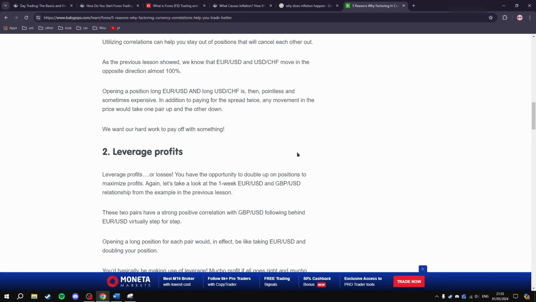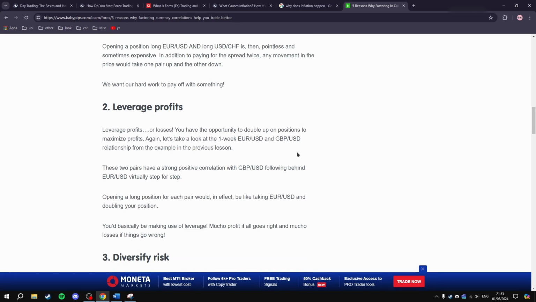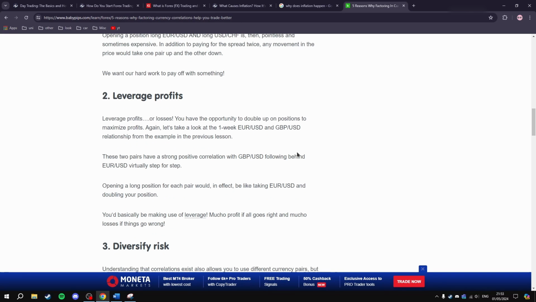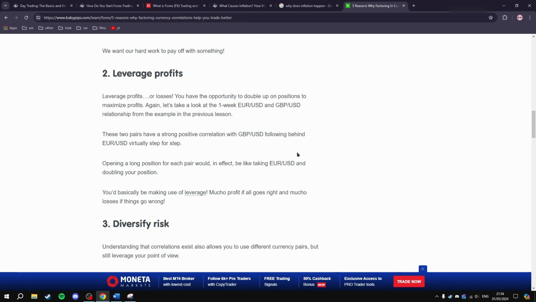As the previous lesson showed, we know that Euro USD and USD CHF move in the opposite direction almost 100%. Opening a position long Euro USD and long USD CHF is then pointless and sometimes expensive. In addition to paying for the spread twice, any movement in the price will take one pair up and the other pair down. We want our hard work to pay off with something.